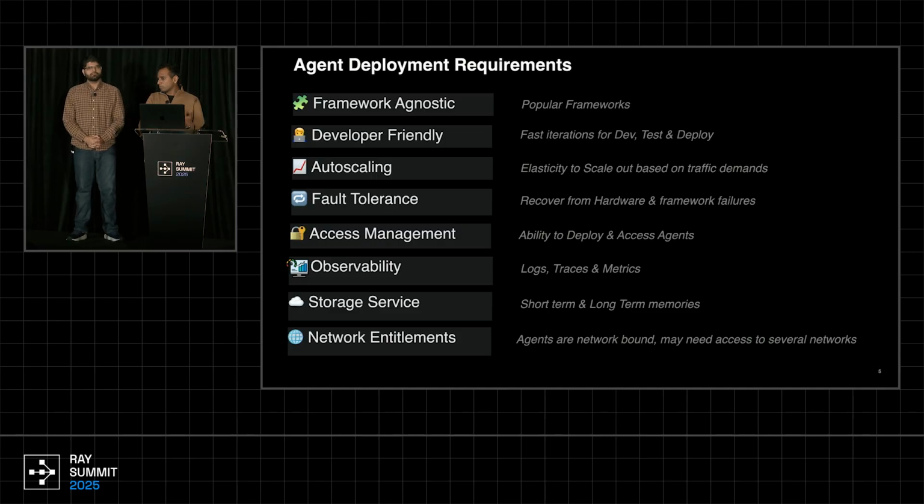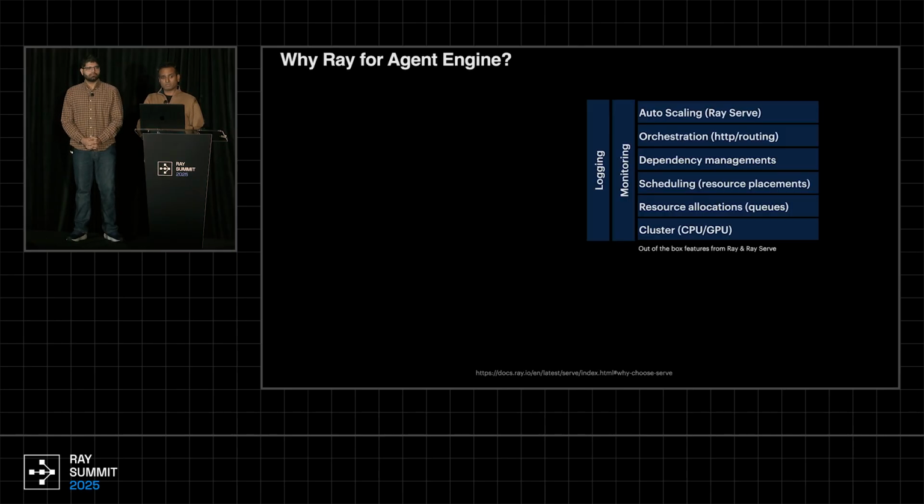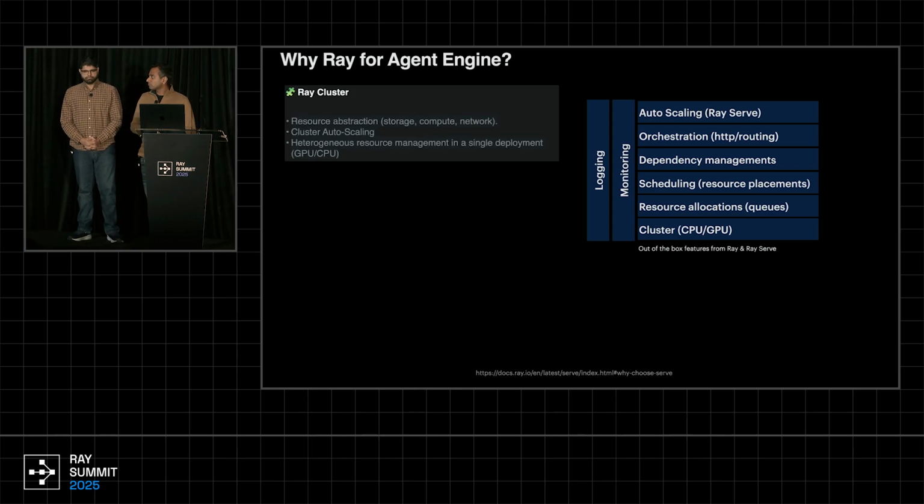Now, when you keep these requirements in mind and look at what Ray has to offer, there is a lot of out-of-the-box capability that Ray ships. I think a lot of the features were highlighted in the keynote today. The Ray cluster gives you a way to abstract all the heterogeneous resources, and then auto-scale.